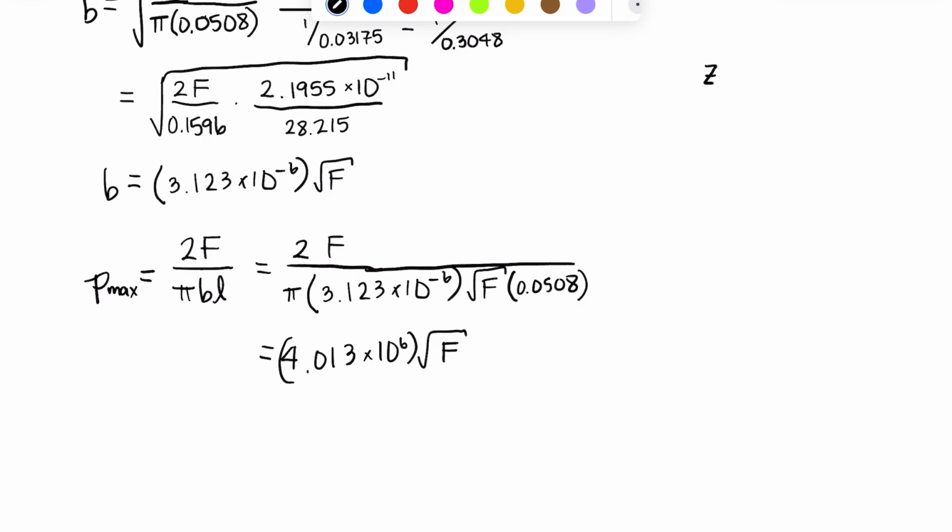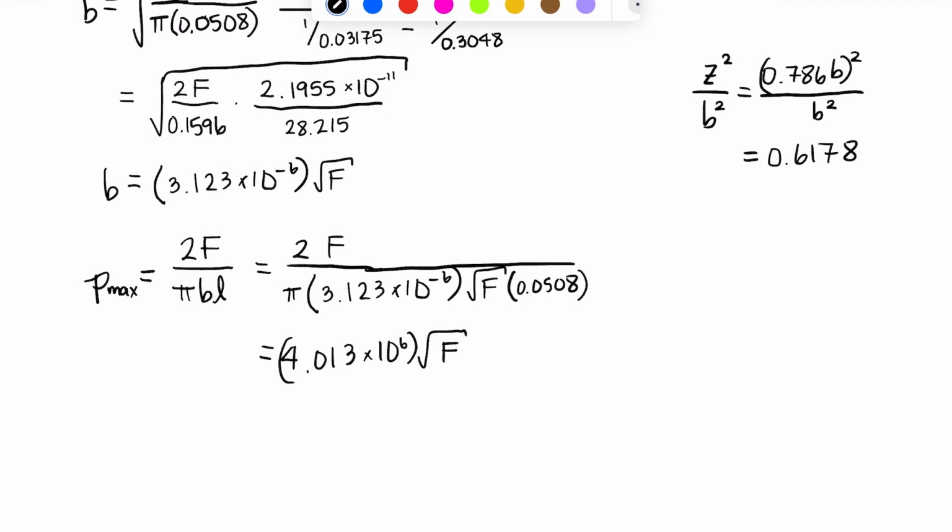So let's see, if we do z squared over b squared, that gives us 0.786b. Remember, that's our z location that we want to look at for maximum shear stress, divided by b squared. So the b squareds are going to cancel, and this ratio ends up being 0.6178. Okay, so that just saves us a little bit of time by doing that.